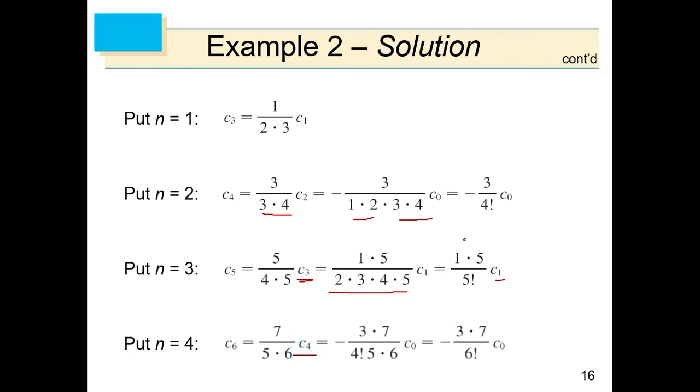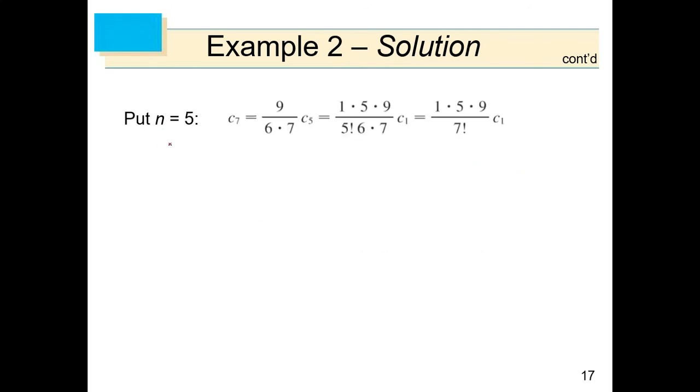The value of C4 is minus 3 upon 4 factorial into C0, so C6 is equal to minus 3 into 7 upon 6 factorial into C0. n equal to 5, C7 is equal to 9 upon 6 into 7 into C5, so C7 is 1 into 5 into 9 upon 7 factorial into C1.